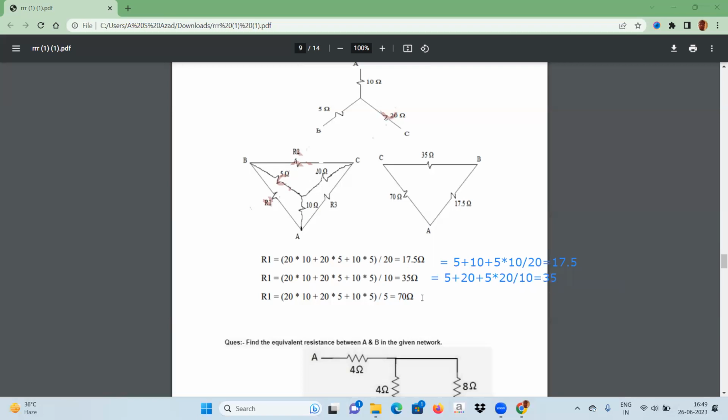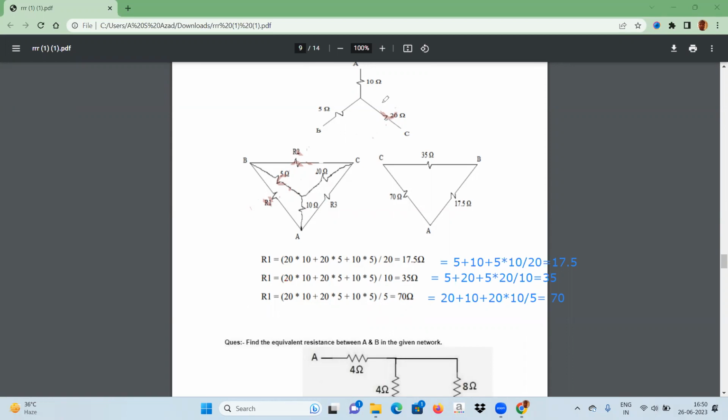Similarly, you can calculate R3. R3 will be 20 plus 10 plus 20 into 10 divided by 5, and this will be 70. The numbering is not correct. This will be R1, this will be R2, and this will be R3.